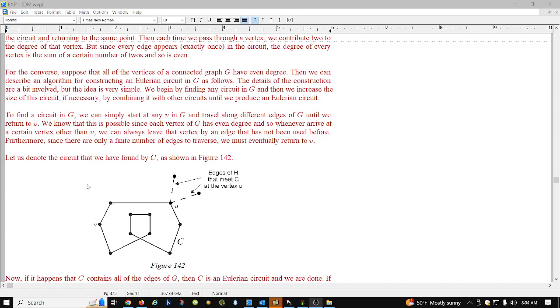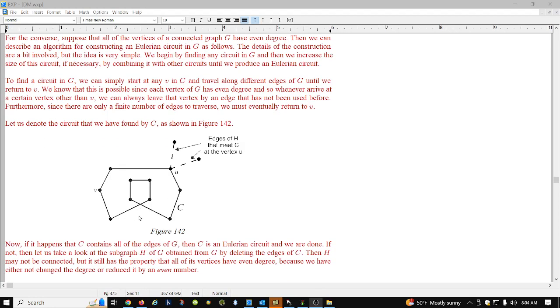So we start at V, we travel along however we want, as long as we don't duplicate an edge, we will eventually get back to V. And so we will have a circuit, and I've drawn it here, called C, and it may or may not include all the edges of the graph.